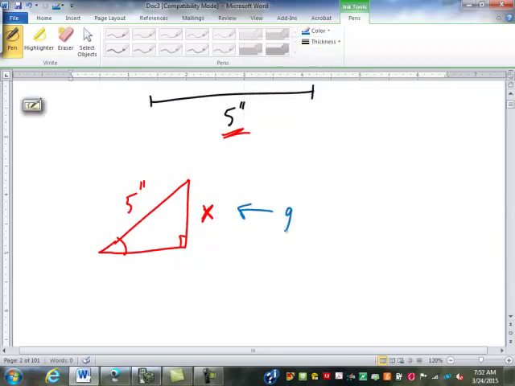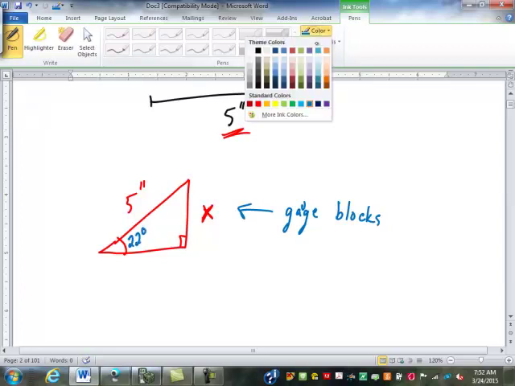This is going to be created with gauge blocks. It's going to be built up precisely with gauge blocks. And you remember, gauge blocks can get down to a 10,000th of an inch. So let's say that we want exactly a 22-degree angle here.